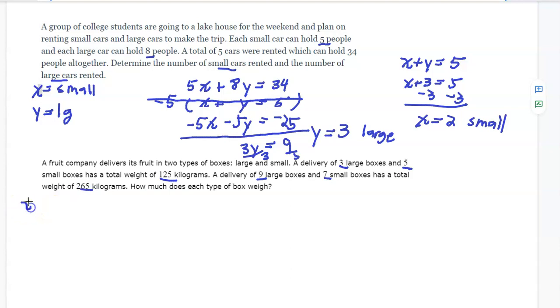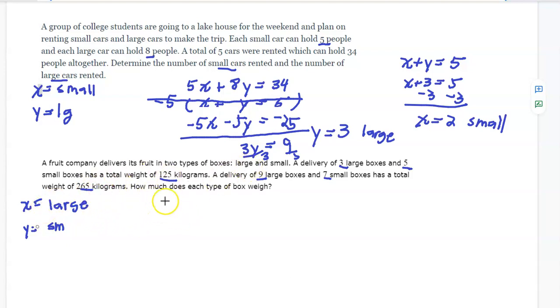Again, we're going to go with x. This time I have my x equal my large, just because I listed it first, and y is going to be small. It doesn't matter, as long as you're consistent with what you call them and you get your equations right, you're going to be fine.